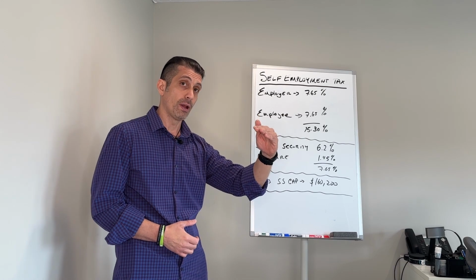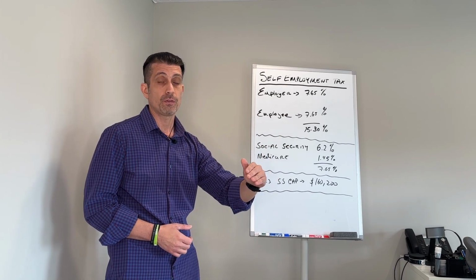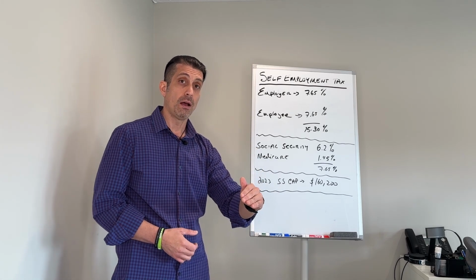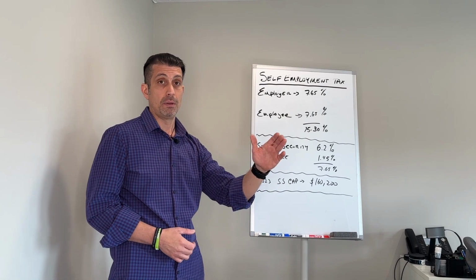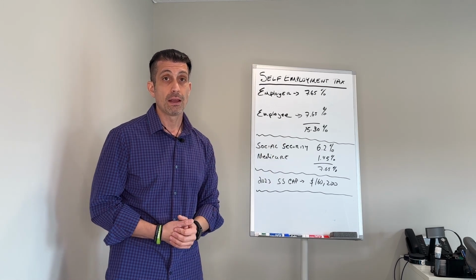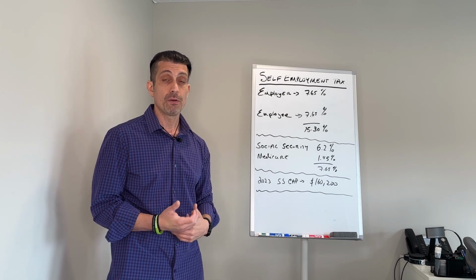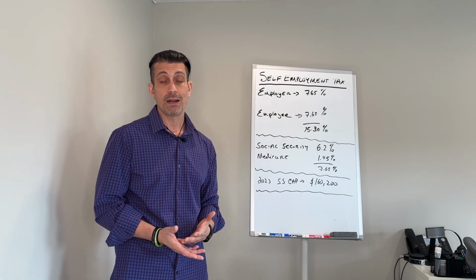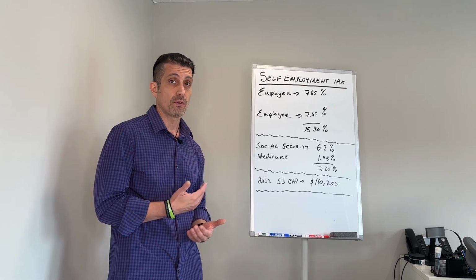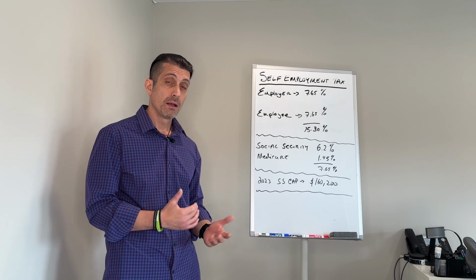Box 1 is wages for income, box 3 is wages for Social Security, and box 5 is your wages for Medicare. And you'll probably notice if you have different types of fringe benefits that your boxes 1, 3, and 5 might vary in amounts, and you might be scratching your head and asking yourself why. Well, that's because certain things are going to be exempt from income tax and not from Social Security and Medicare.